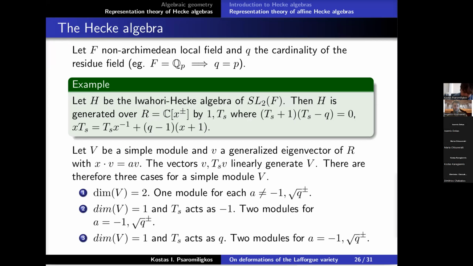You can just consider it to be Q_p. Then the Iwahori-Hecke algebra of SL_2(F) is just going to be this very specific algebra. So you have the ring of Laurent polynomials, and you have 1 and T_s, which satisfy these two relations. In particular, there's no point in thinking about T_s squared. T_s squared simplifies by this relation.